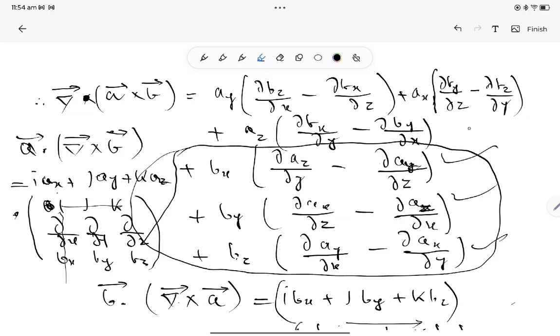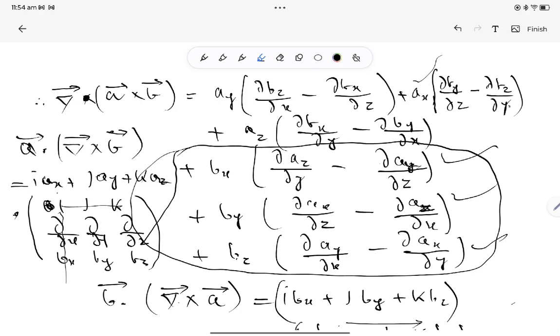This is x. I have got del Bz by del y minus del By by del z, so it is reversed. So why shouldn't I do one thing? I take minus as common, and if I do that, I will get this as a minus term here, and these will be reversed.